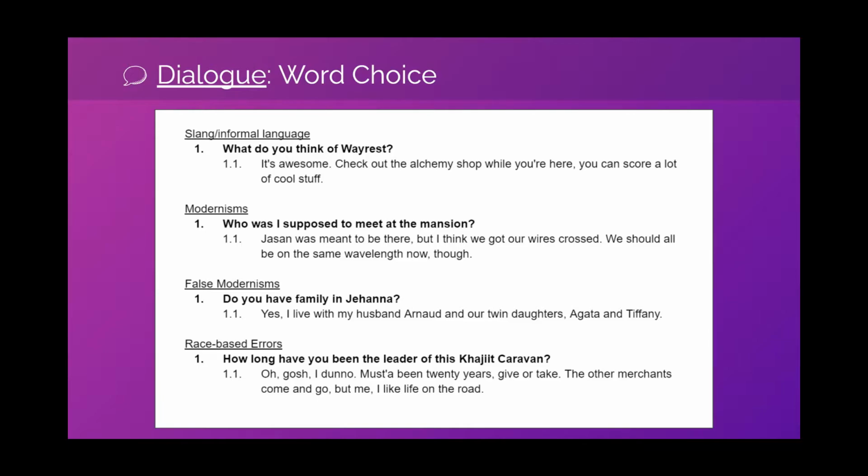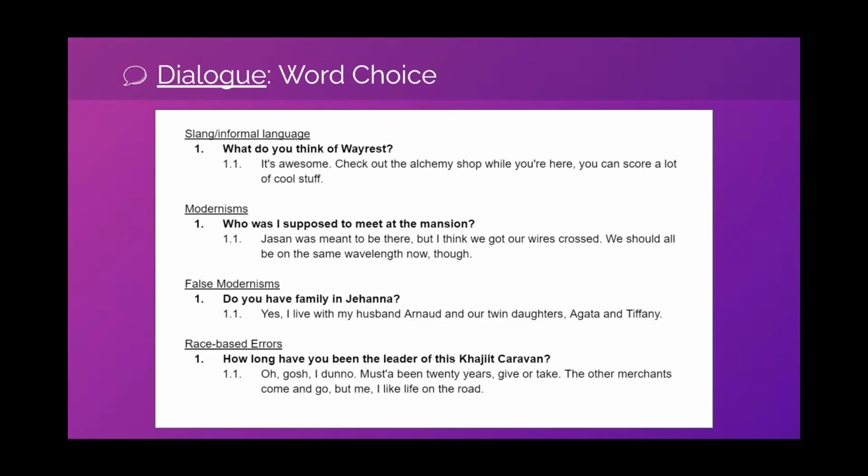This is really important for the beast races. It also does apply, though, for the human and elven races as well. If you encounter a burly Nord who speaks like a high elf, it will feel wrong. And in order to determine that, again, ask other people who know the world whether it feels right in terms of race. So that's word choice.